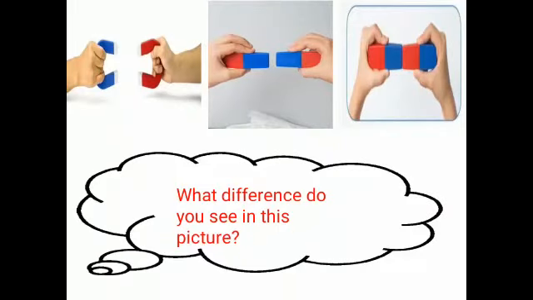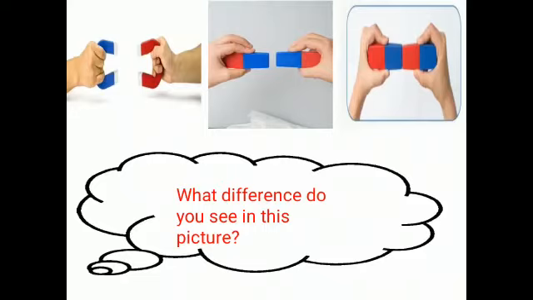Now you can see there are 3 different pictures in this whole slide. So what differences do you see in these pictures? Observe these 3 pictures and just try to tell what you exactly see. Well, in this first picture, there are 2 different magnets placed distantly, isn't it?